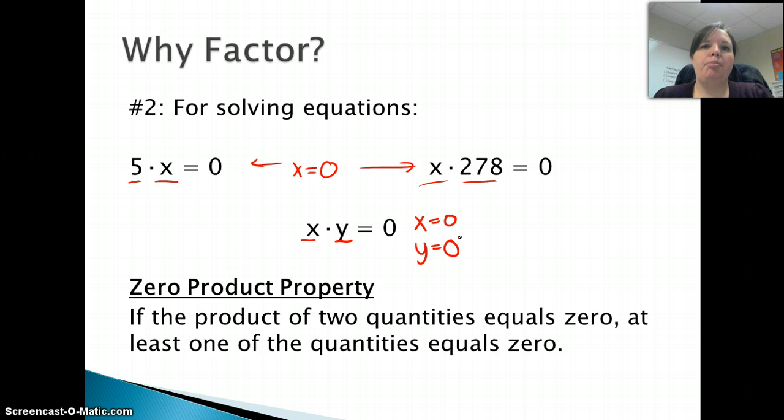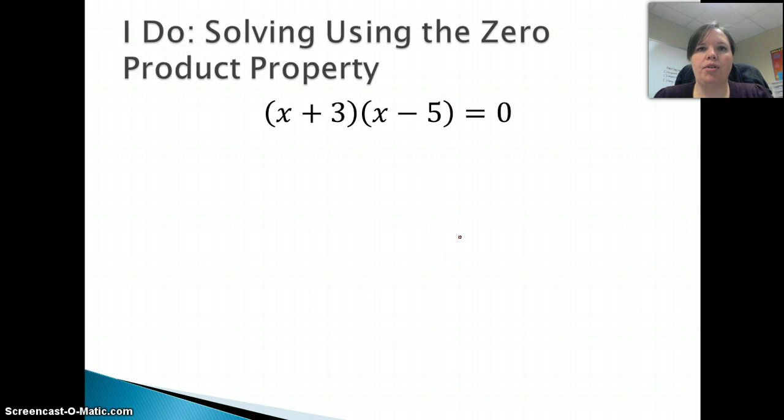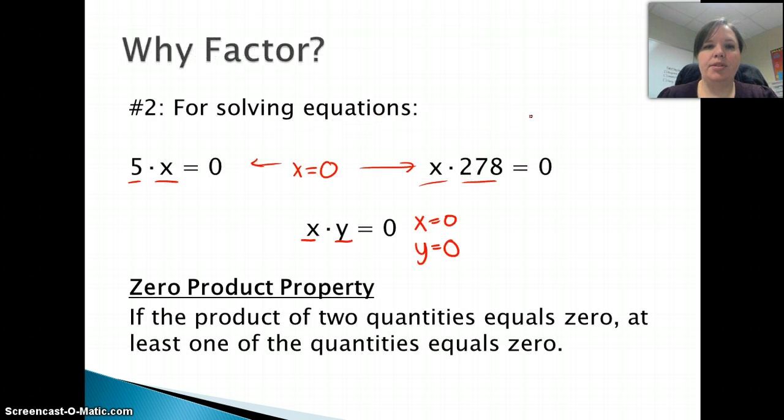So how does this help us when it comes to factoring? Well, think about what factoring is. Factoring is breaking our polynomial or number down into its products, what multiplies to be that polynomial overall. So this is my I do. If you had a polynomial and you factored it into x plus 3 times x minus 5, the zero product property says if a product of two things equals 0, then one of those quantities has to equal 0.